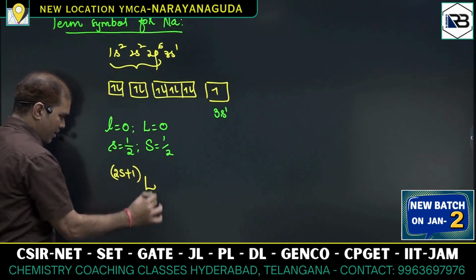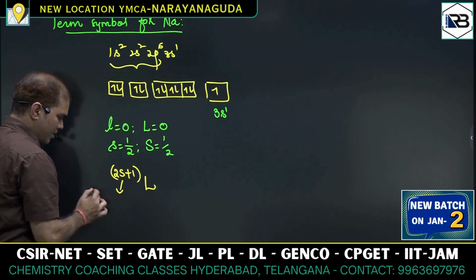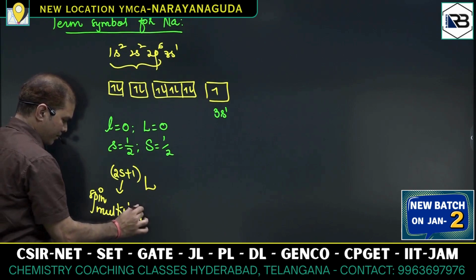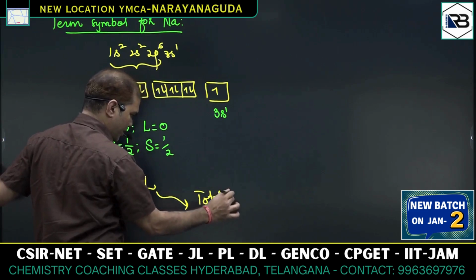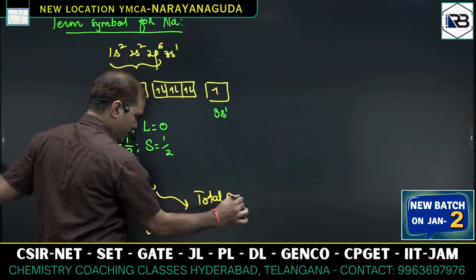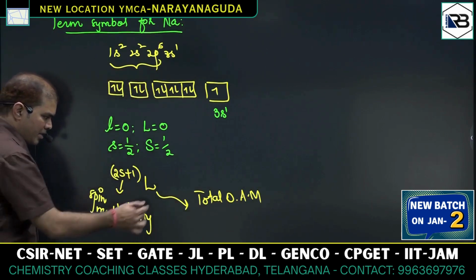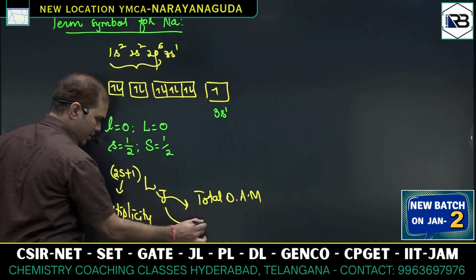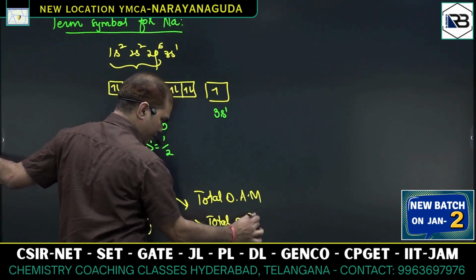The term symbol is 2S plus 1 L, where 2S plus 1 is the spin multiplicity and L is the total orbital angular momentum. If I want to get the states, we can also take J, where J is the total angular momentum.